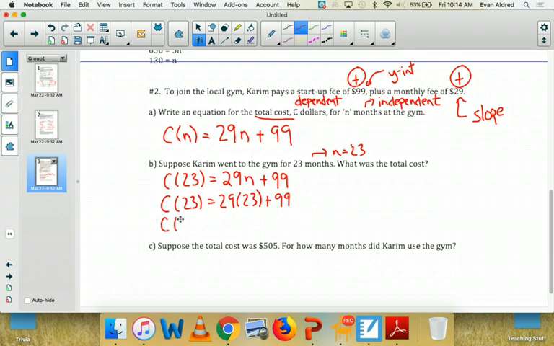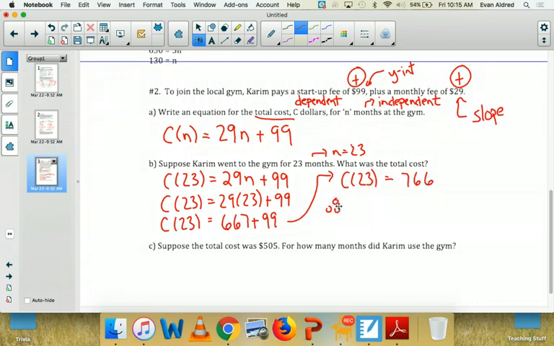So when we work our way through this, we find that 29 times 23 is 667. So we have to go up here. Our cost at 23 months is going to be 766. It is a word problem, so we do need to write that concluding sentence.